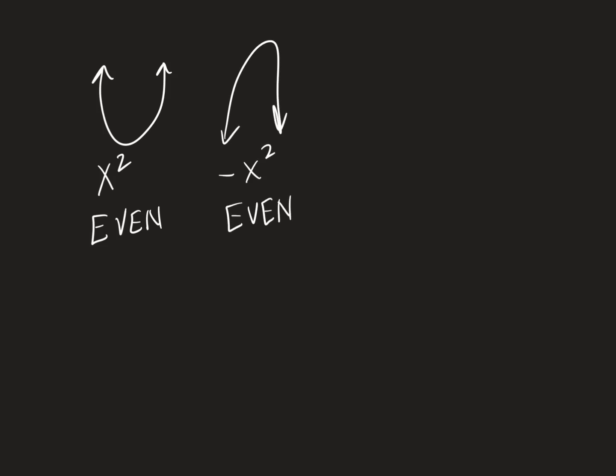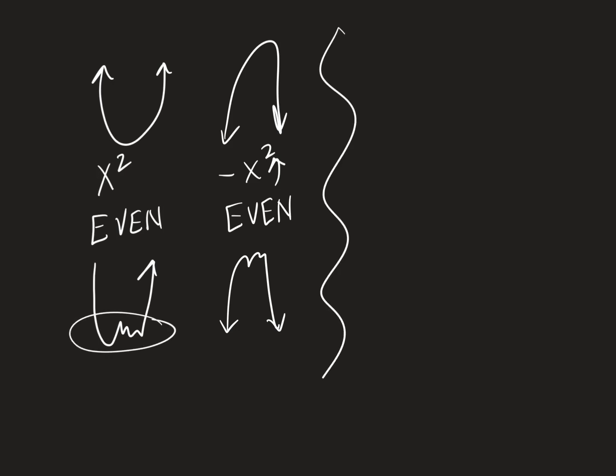It doesn't matter if it's an x to the fourth. It'll just do a little joggy thing down here or this way. But all of our even functions look like parabolas in some way, shape, or form. They just might have some extra bits here.